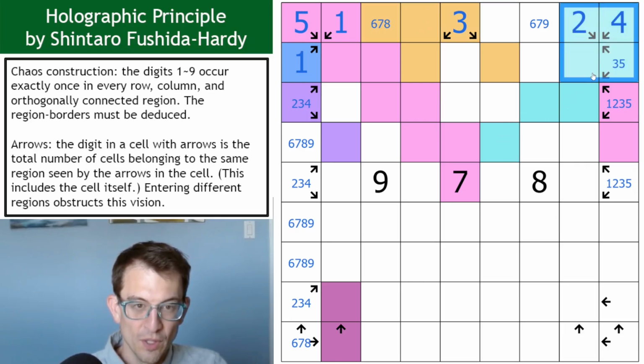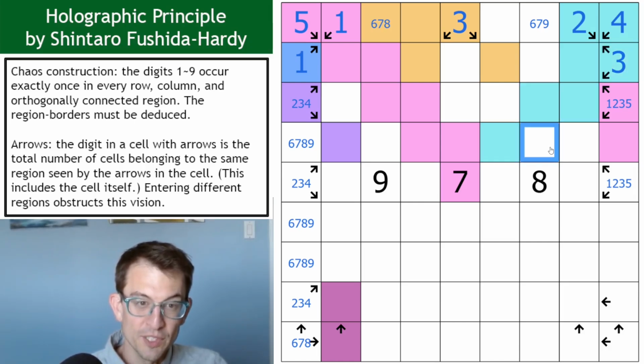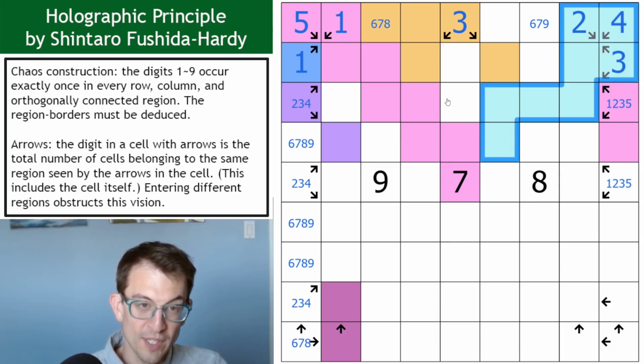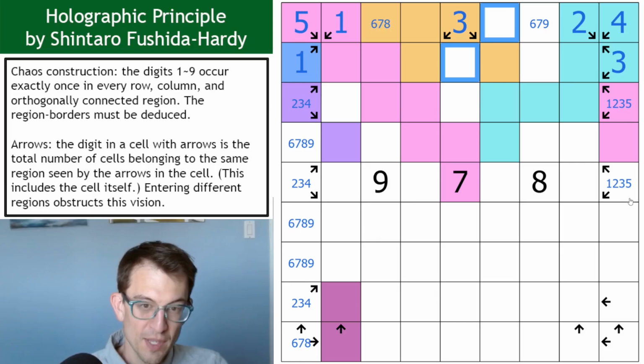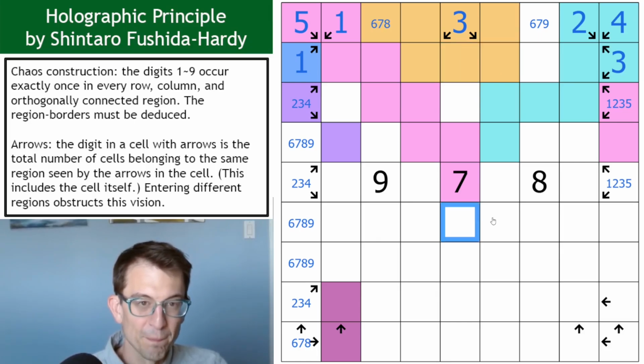Then how many do I have left in blue? 1, 2, and further, this isn't blue, so this is a 3. Blue doesn't take this, so to connect here, this has to be blue. And now I have 2, 4, 6, 8. So exactly one of these is blue. I don't know which. And these are going to be orange. And one of these is my blue cell.